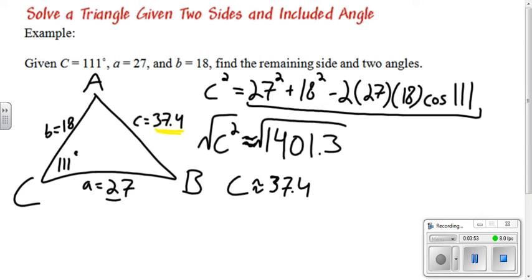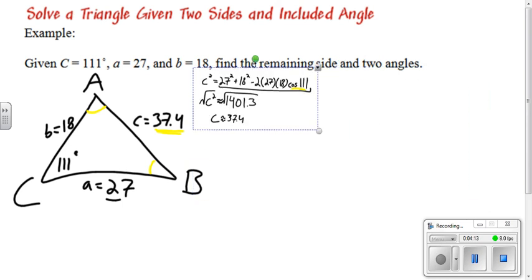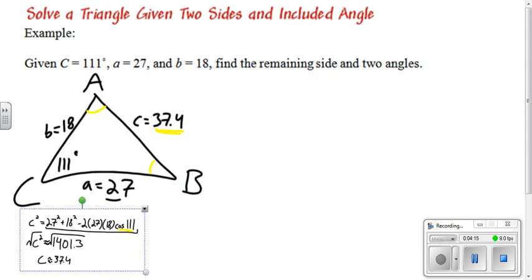Now from here, we could technically use the law of cosines to continue and have to use the arc cosine at this point to determine our B and our A. Or we could also get all this out of our way here. Get a little bit smaller, move our work there.